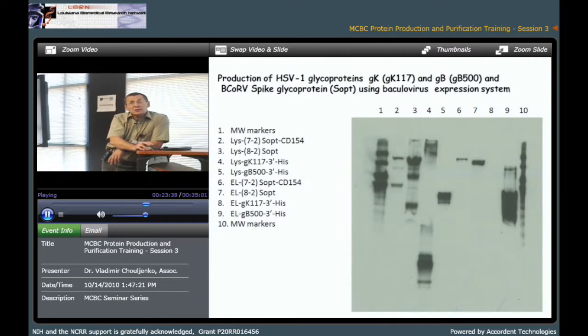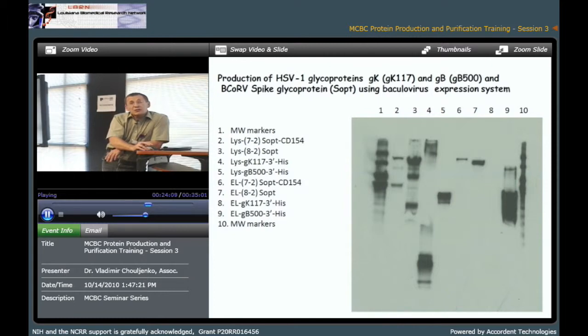You still have some decent binding for spike glycoprotein, not very well, but at least some binding for spike fused with CD154. But if you look at the entire amino terminus, there is nothing at all. It's just an empty lane. And I forgot to mention, all these purifications were done under native conditions. We did not use any denaturing agent at all.